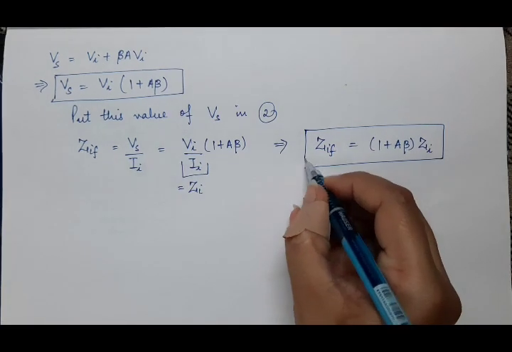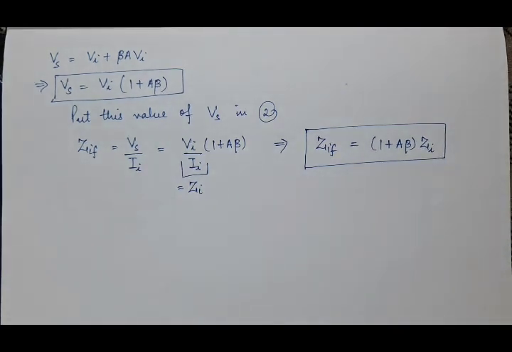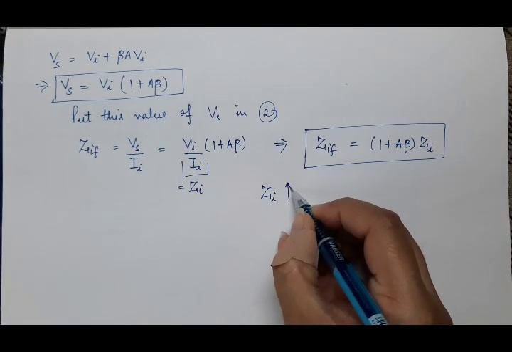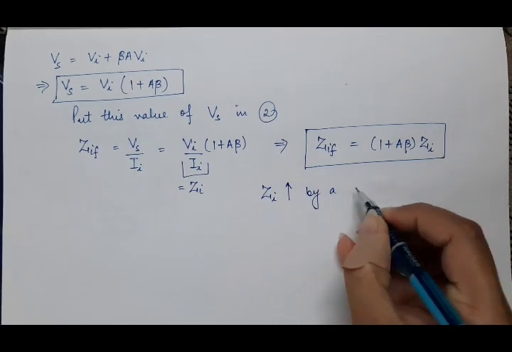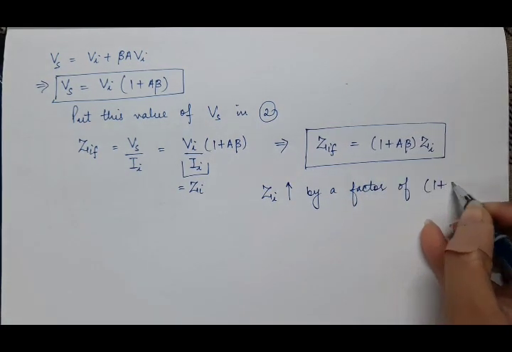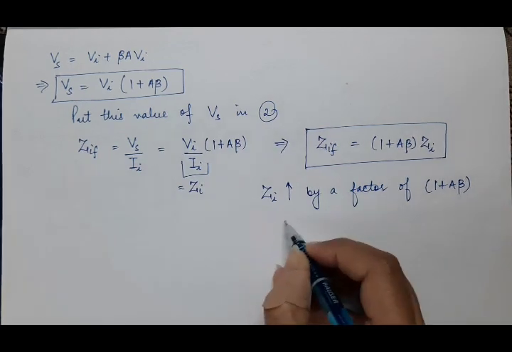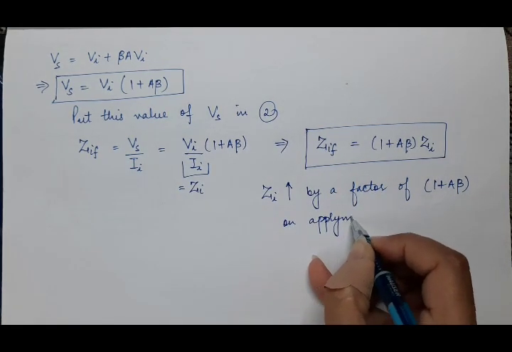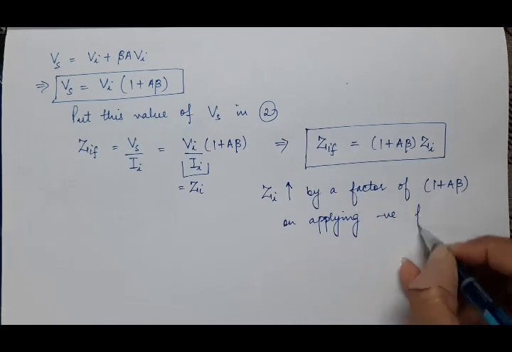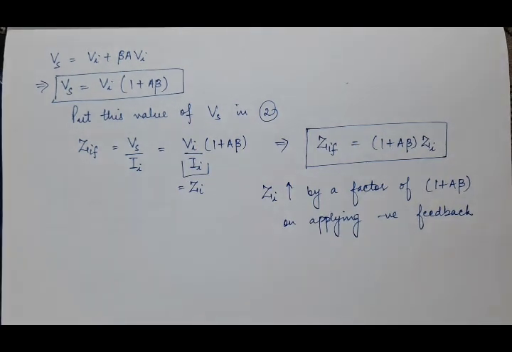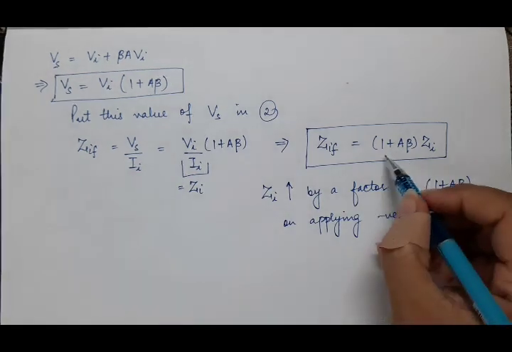So in a voltage series feedback amplifier, on applying negative feedback, the input impedance increases by a factor of 1 plus A beta.